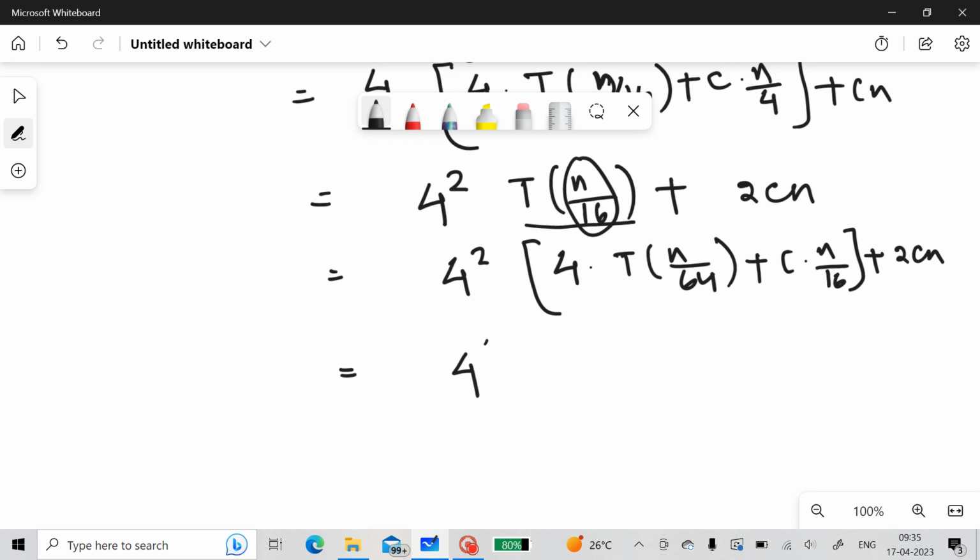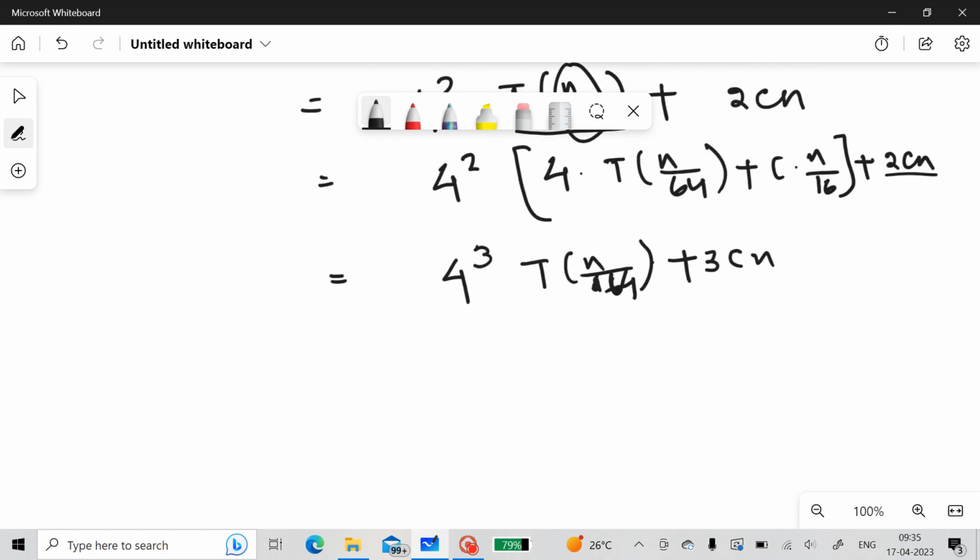If you simplify this, you'll get 4 power 3 times T of n over 64 plus, if you multiply 4 squared here, you will get cn, and with the 2cn, overall you will get 3cn.